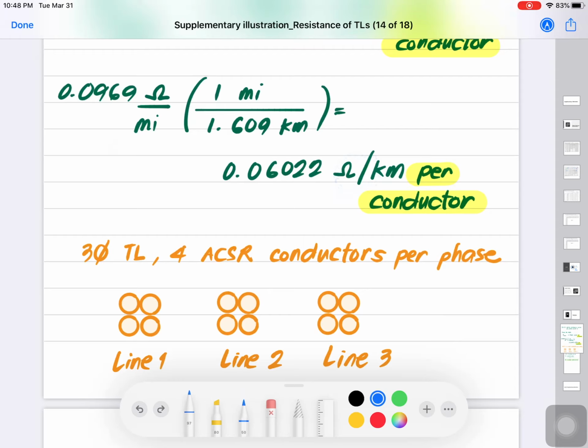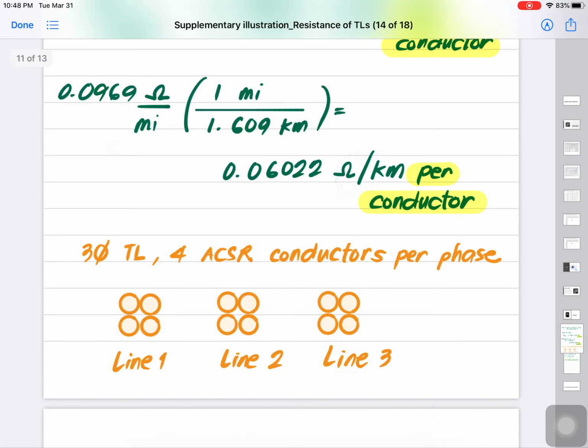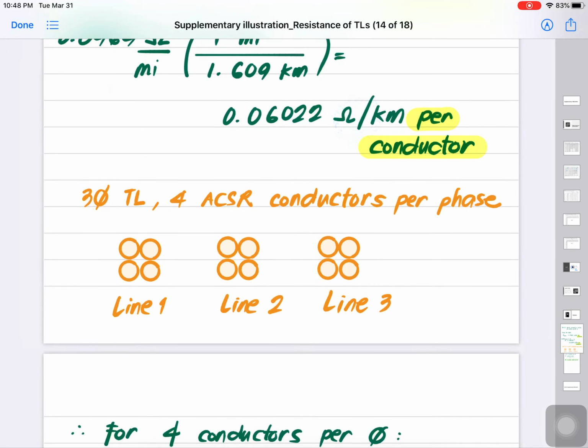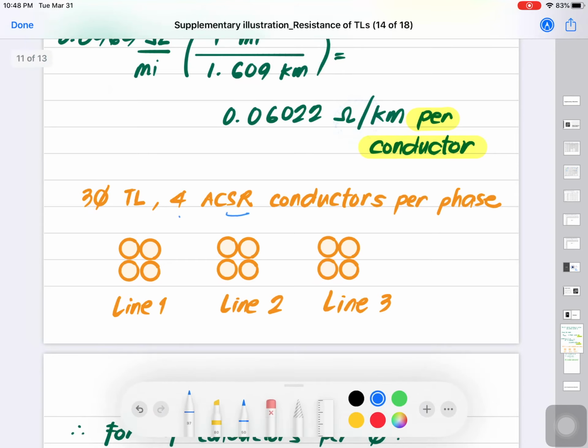Now, my question is, the question pala, the problem is, sabi niya, diba, there is this three-phase transmission line with 4 ACSR conductors per phase. So, as if this is the representation, no? 1, 2, 3, 4 conductors for phase A, line 1. Alright?